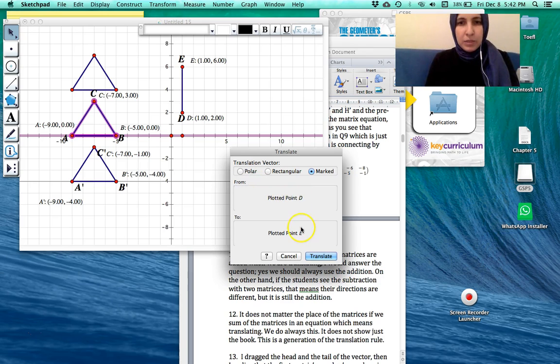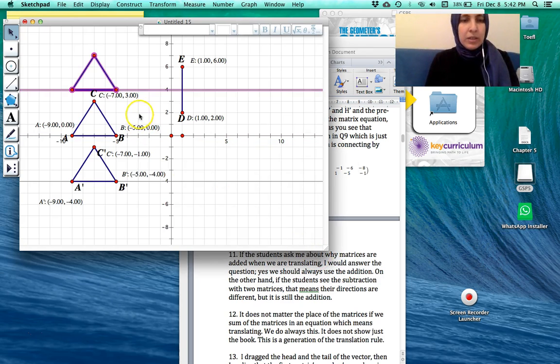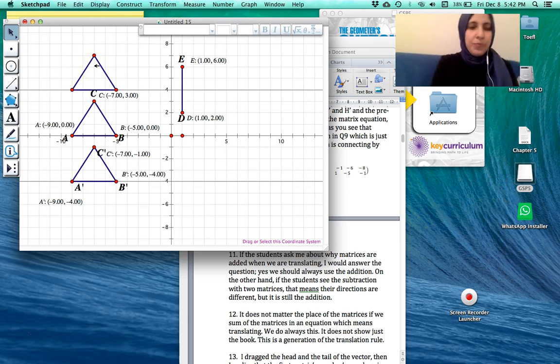Yes, from D to E, and I got this triangle. It shows the way of a triangle.